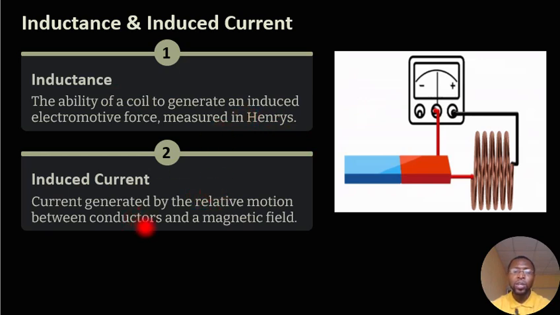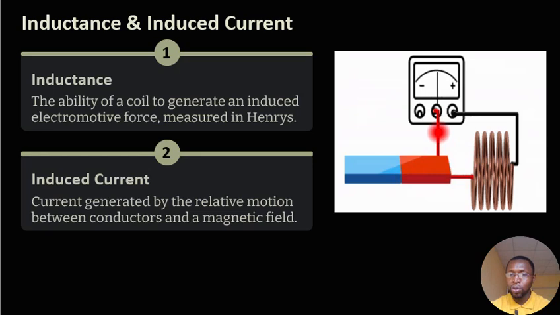And then it either induces voltage or it induces current. This current is induced when there is what? A relative motion between the conductor and the magnetic field. When I say the conductor now, it's the coil. So this is the inductor here, which is the conductor, and this is the magnetic field. So whenever there is a relative movement, when you move the magnet or you move this coil, you see that a current is induced.